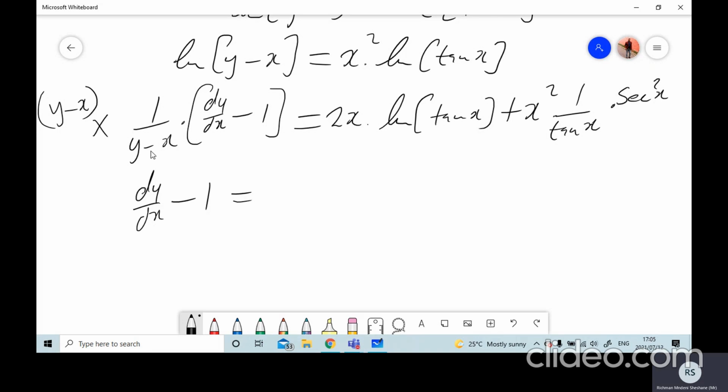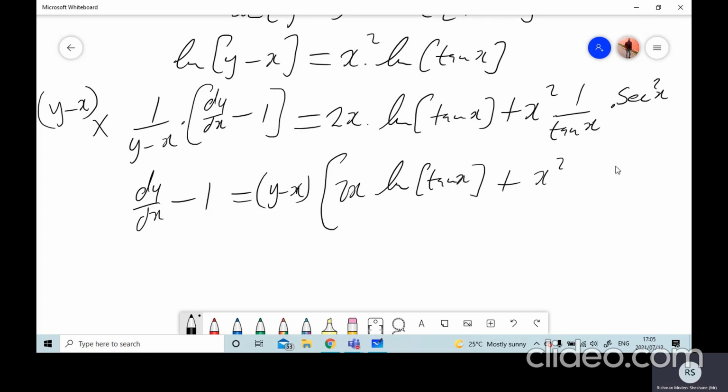On the left hand side it's cancelled, so on my right hand side this y minus x will multiply everything. So y minus x is multiplying 2x ln of tan x, plus x squared sec squared x over tan x.